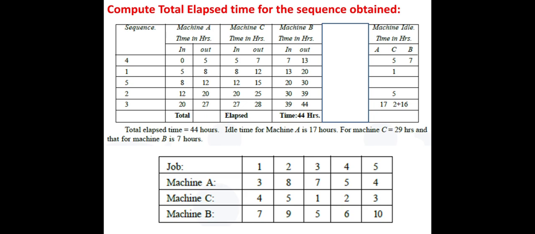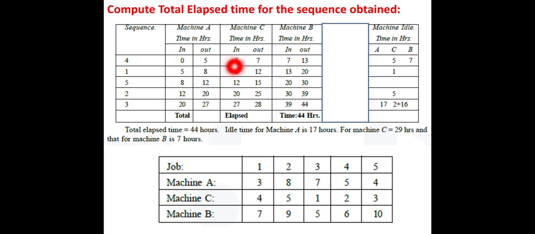Now let us compute the total elapsed time for the sequence obtained. What is the sequence here? 4, 1, 5, 2, 3. As you all know, job 4 enters machine A at time 0. Since job 4 has 5 hours as processing time under machine A, it comes out of machine A at the 5th hour.